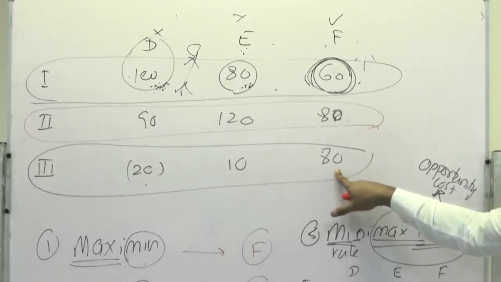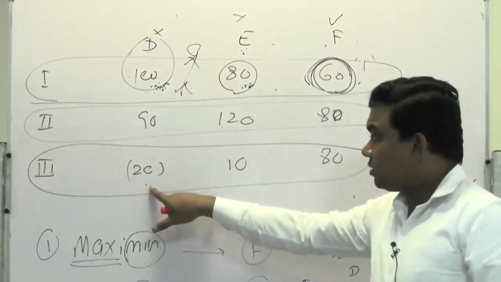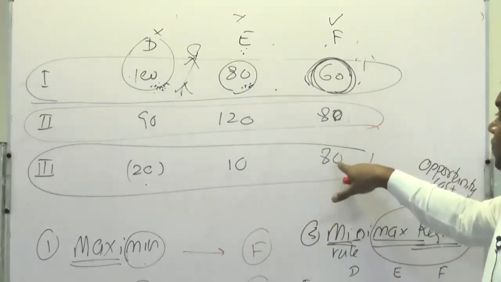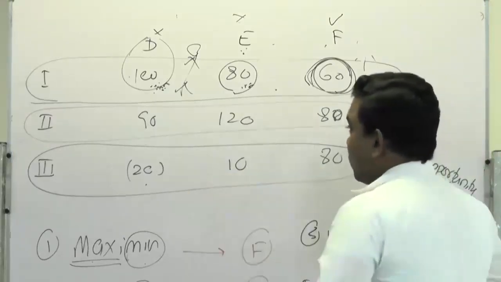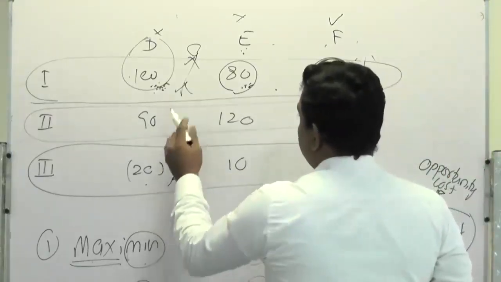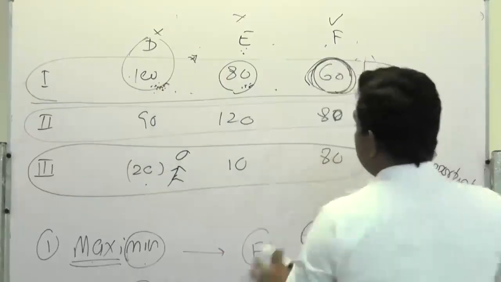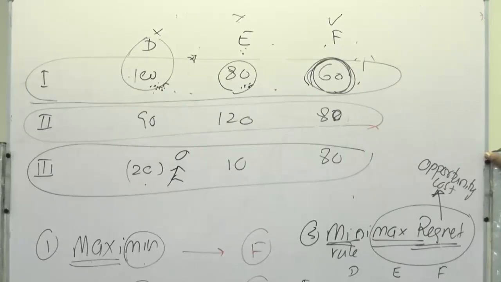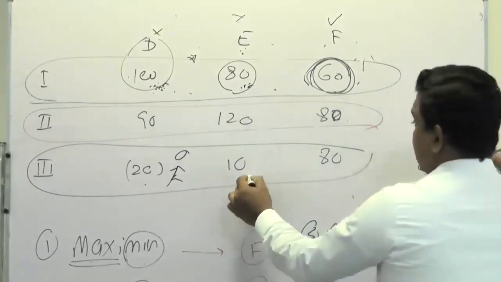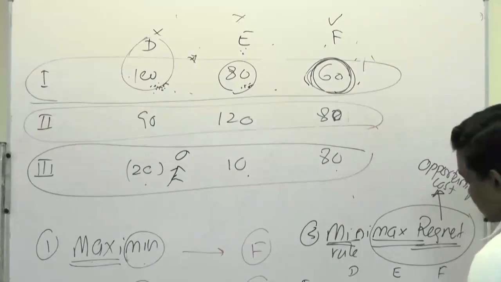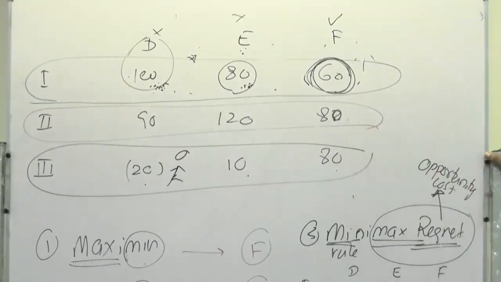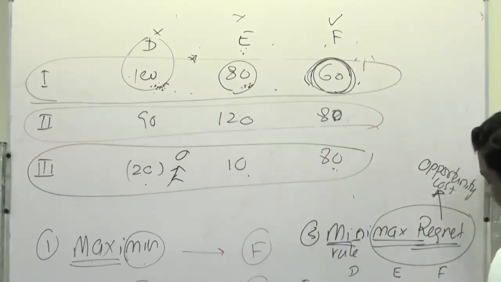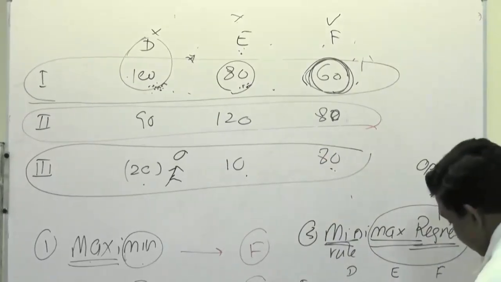You can eliminate this loss and earn 80 if you select F instead of D. Therefore, how much is the opportunity cost? The difference between these two, that is 100, right? If you select here, you will lose this opportunity, that means you will lose 70. If you select this, you don't have opportunity cost, then it is 0.